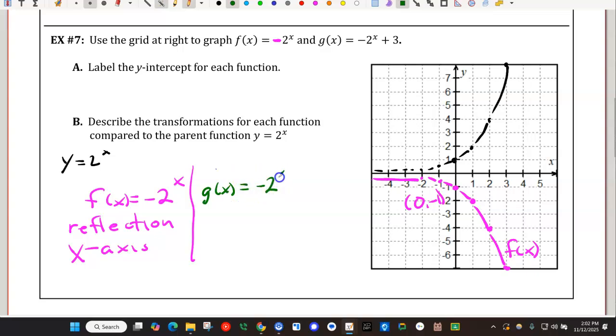So it's just f of x plus 3. All right, so what does the plus 3 do to the graph? Does that move it left, right, or up and down? Up. Yeah, so that's either shift or translation. Up 3.